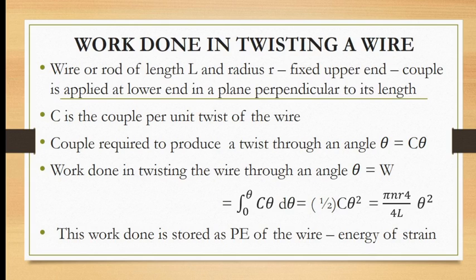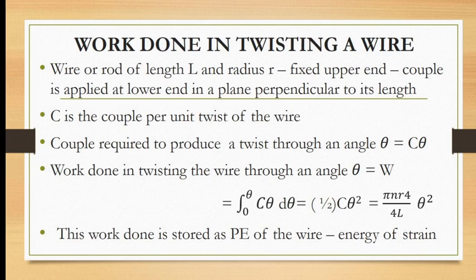Now what is the work done? Work done in twisting the wire through an angle theta. So we are going to twist the cylinder to an angle theta. So we can do the integration from 0 to the maximum angle of twist, that is theta. So integral 0 to theta C theta d theta. And integrating theta, you will get theta square by 2.